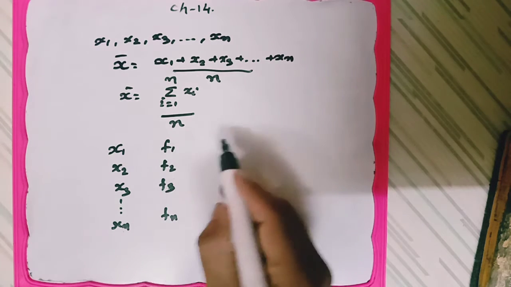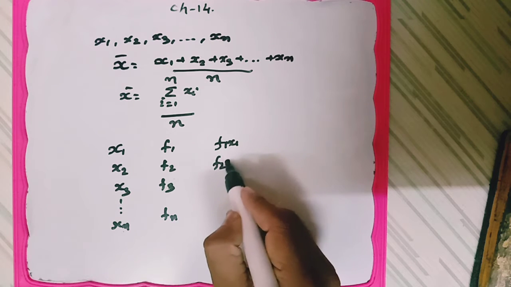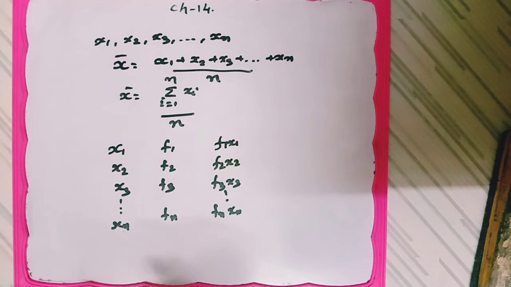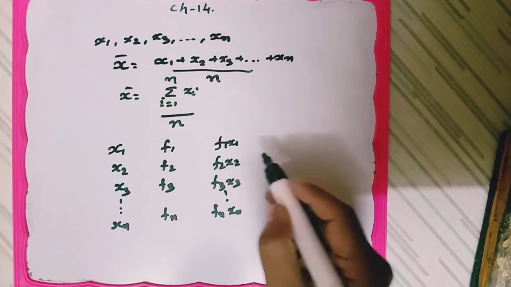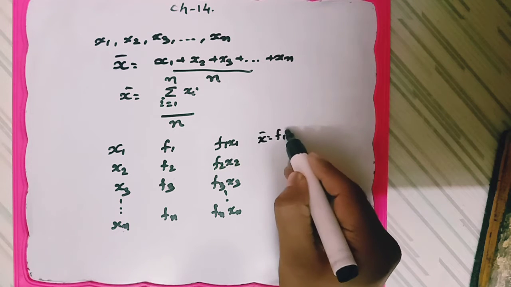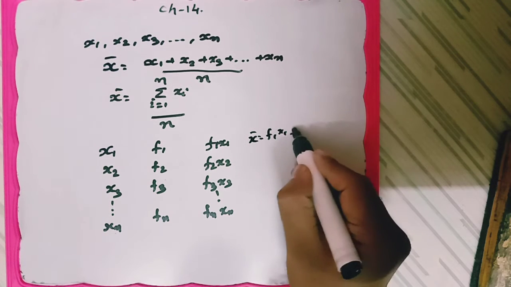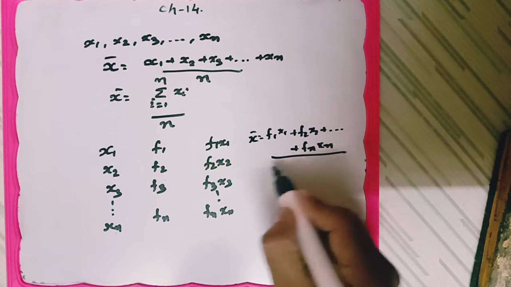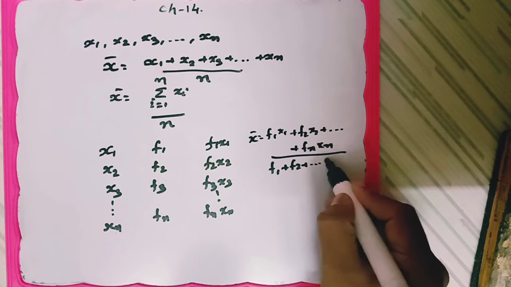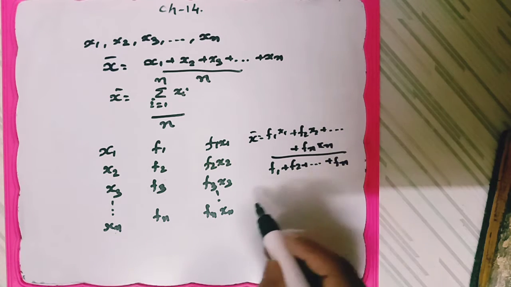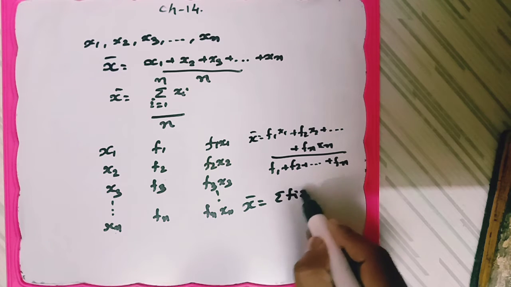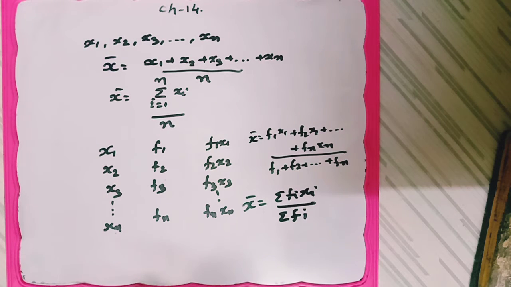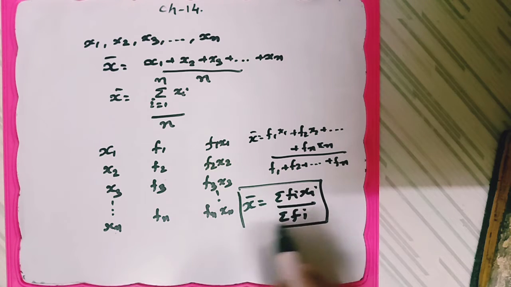Then we take f1 into x1, f2 into x2, f3 into x3 and fn into xn, and so its mean is given by x bar equals f1 x1 plus f2 x2 plus up to fn xn, divided by f1 plus f2 plus up to fn. We write this as x bar equals sigma fi xi upon sigma fi. This was for grouped data.